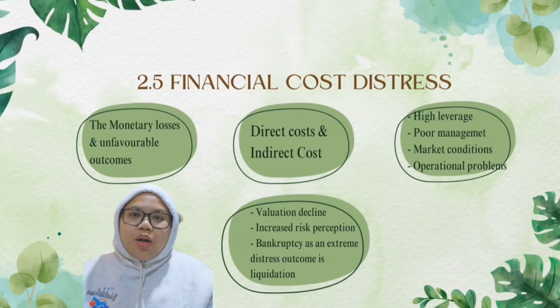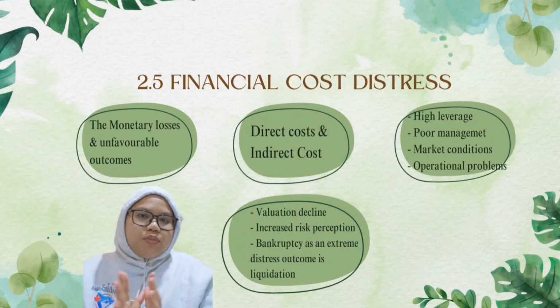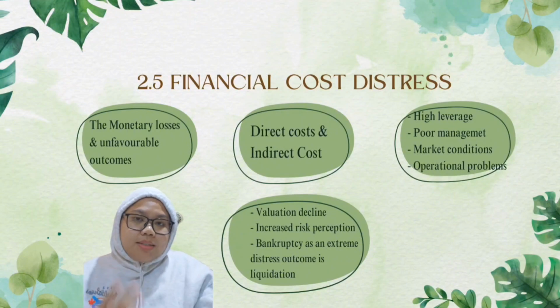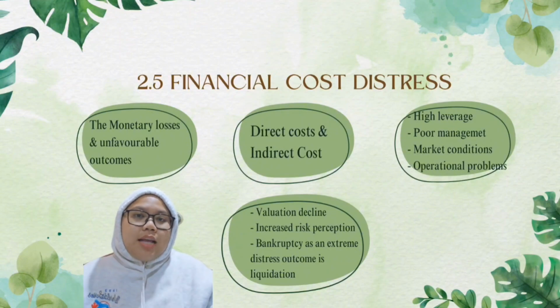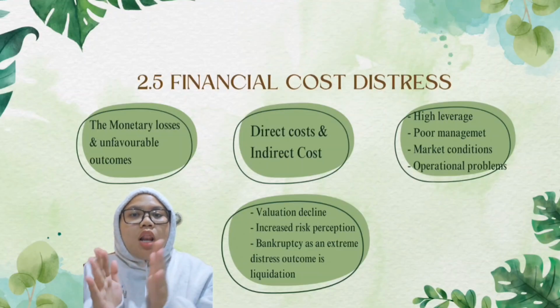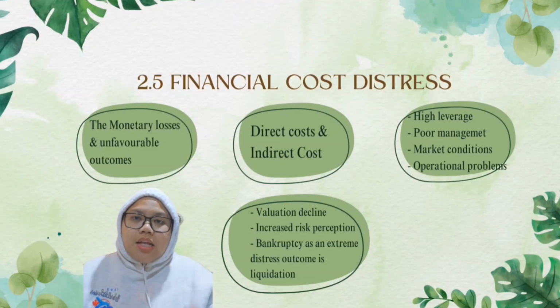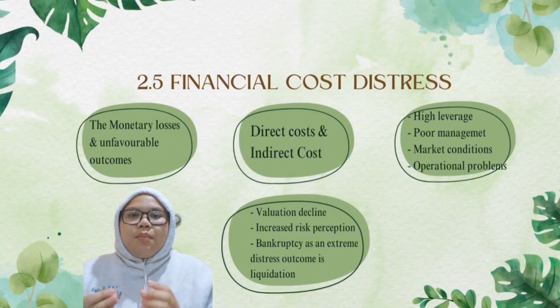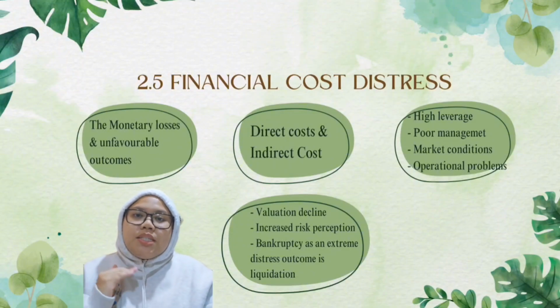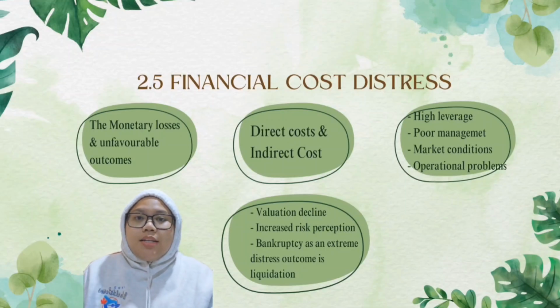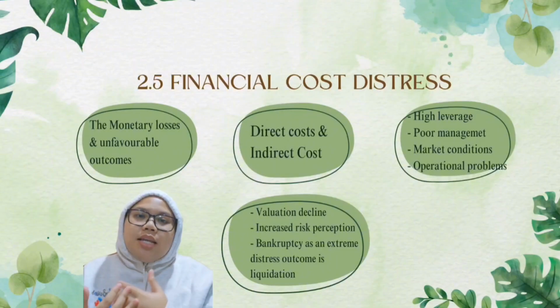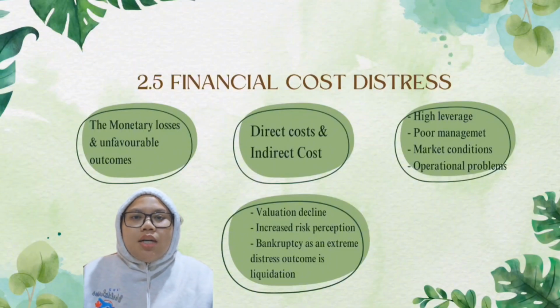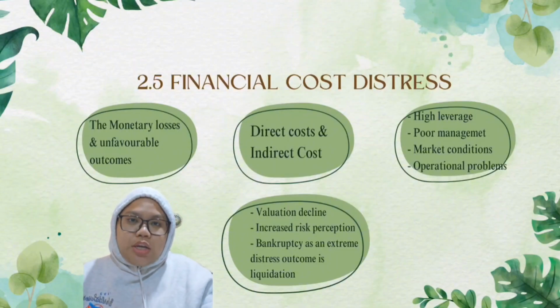Next is impact on company value. The first impact is valuation decline. A company's market value frequently declines as a result of financial crisis because investors lose faith in the company and its capacity to make future earnings. Next impact is increased risk perception, which means lending to or investing in a business that is struggling financially is seen as a risk, which raises the cost of capital and lowers valuations.